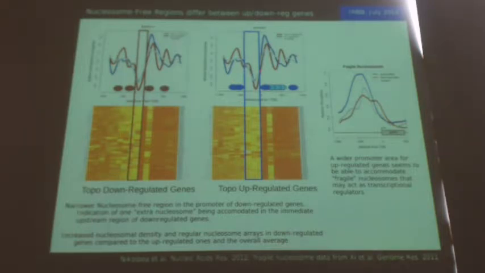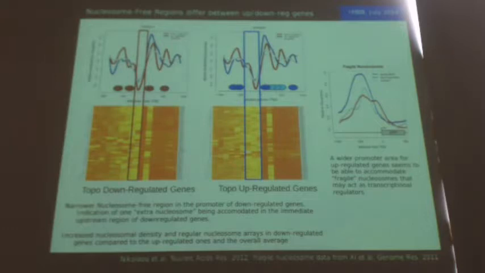It's a different case altogether for the upregulated genes: a wider promoter, a wider nucleosome-free region, and a wider area of possible binding of transcription factors. We also had the chance to test some real experimental data on nucleosomes, and not any nucleosomes, but nucleosomes that are termed fragile nucleosomes.